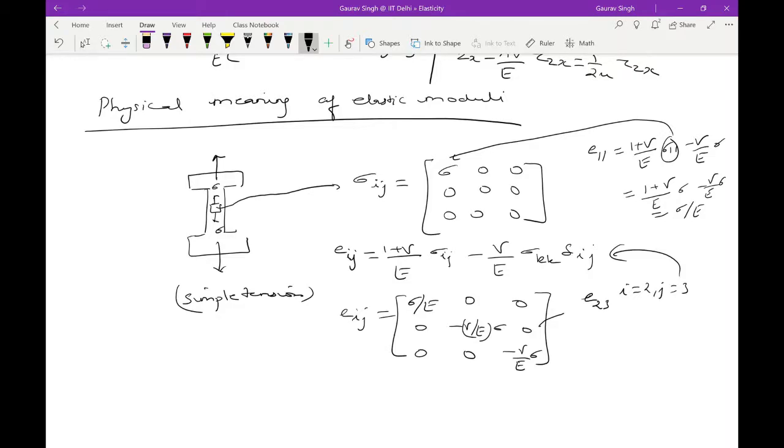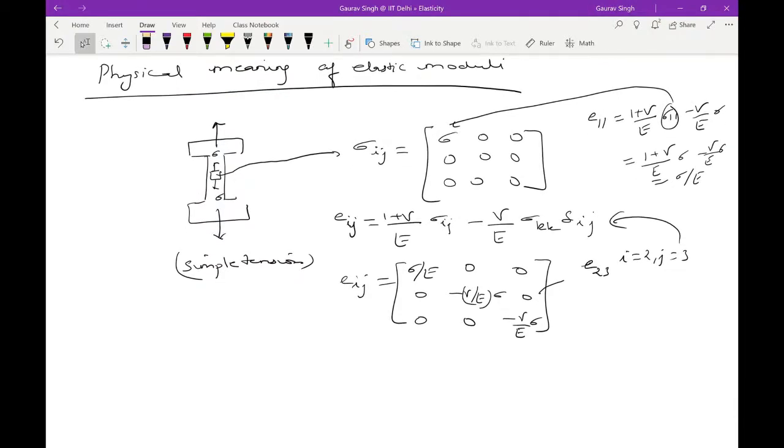So this is the state of strain which we have received at this point of interest. Now E therefore is sigma by ex. This value is ex.